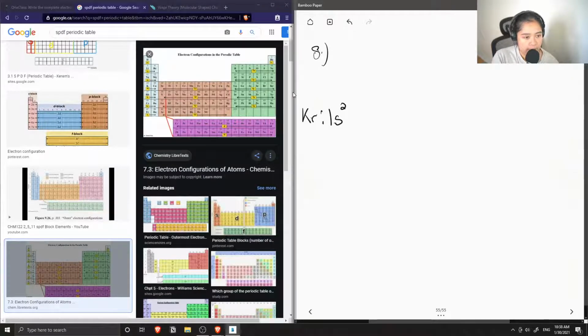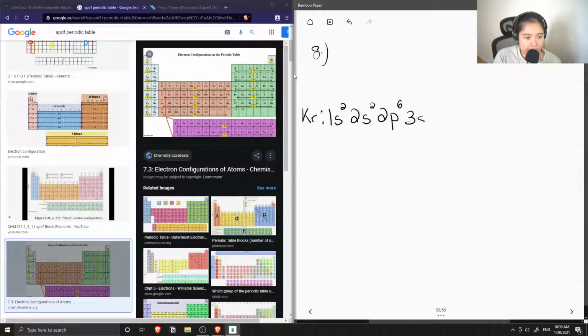Moving down to the next row, we write row 2, block letter S, and again, only 2 electrons can fit here. Then when we move across, we go to the p orbital. So row 2, block letter P, and the p orbitals can hold a maximum of 6 electrons. So we can write 2p6.